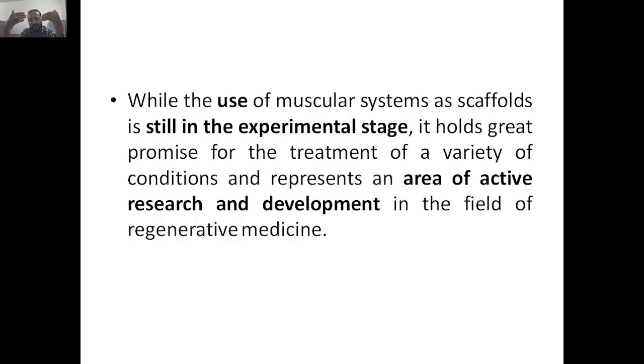Now they are doing clinical research. But even though it is in the experimental stage, it has great potential application in the coming days or coming years. The fact that it is an area of active research is itself proof that it is gaining more and more success rates.